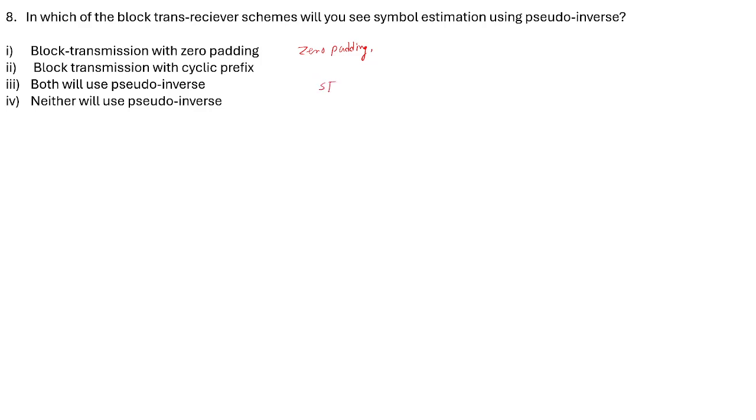You denote Sn as an m cross 1 vector, which is the input data block at the nth instant.